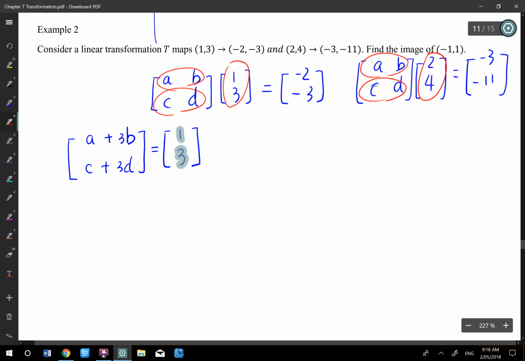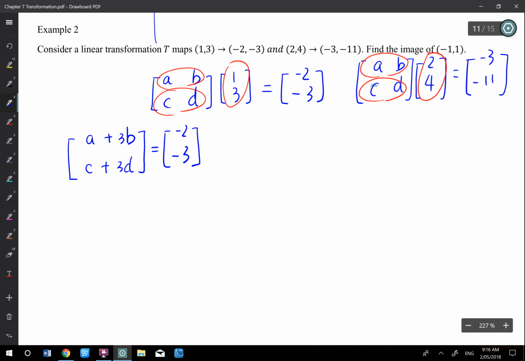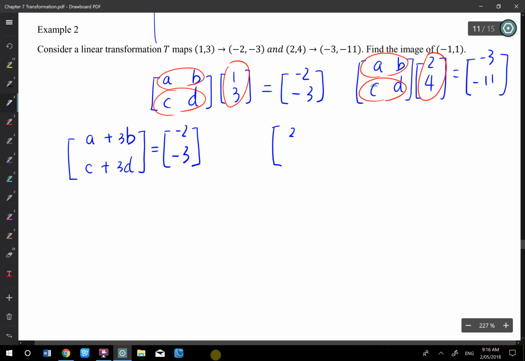Oh, sorry, copied the wrong thing. For the second one, I have 2A plus 4B, 2C plus 4D, equals -3 and -11.